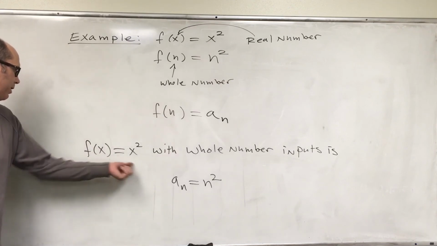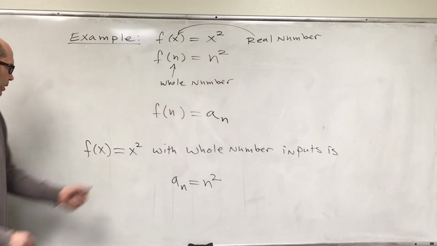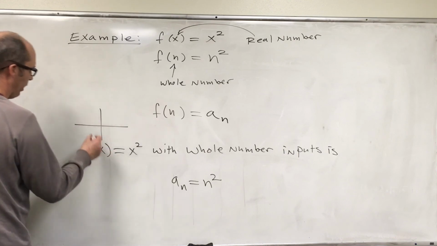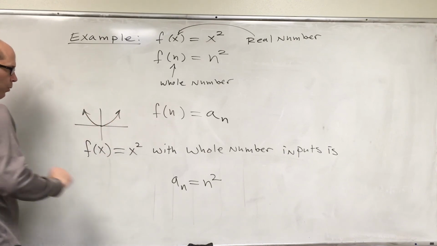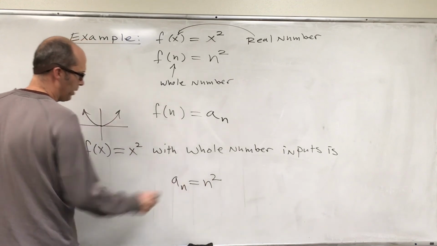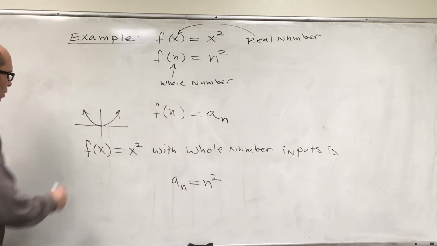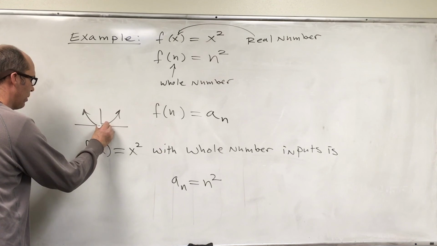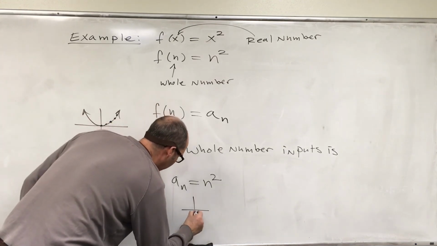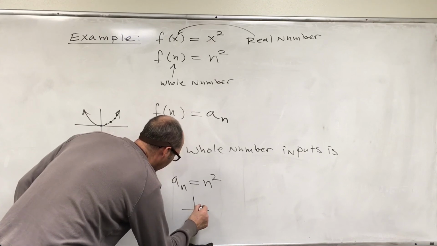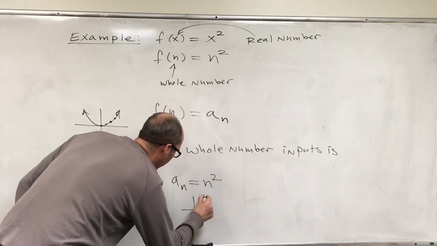When we see f of x equals x squared, we think real number inputs, and our good old friend x squared. When we see a sub n equals n squared, we think, aha, only dots, only those little dots. So then we get something like so.